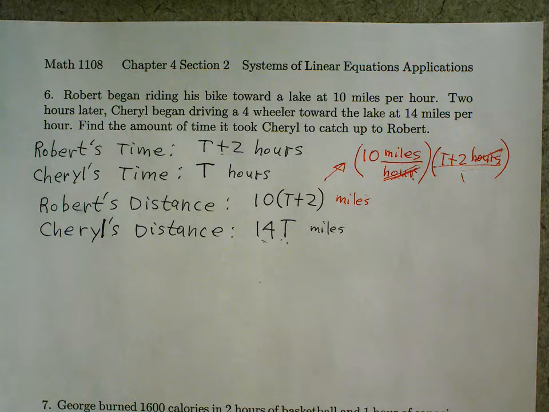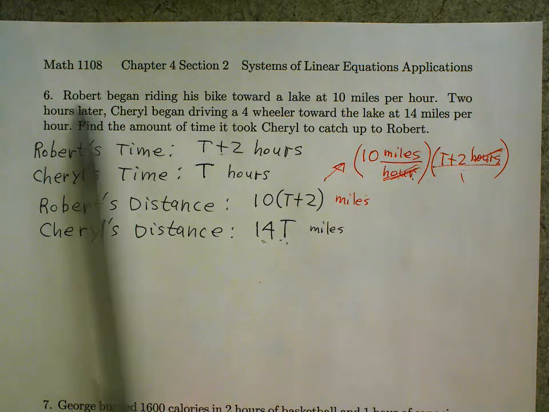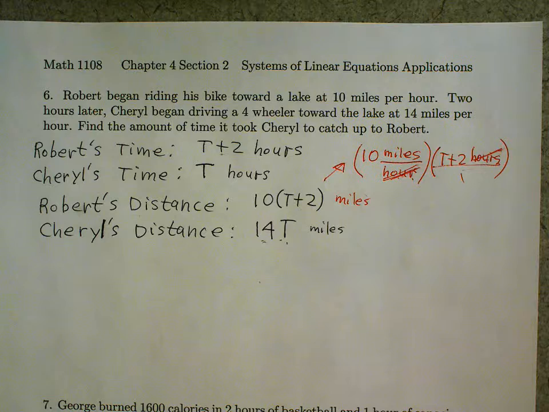We can write down a single equation based upon our setup here, and then solve for T. Okay, we observed earlier, Robert and Cheryl started at the same place, from the same point.